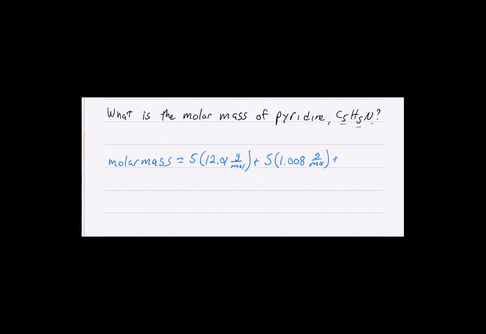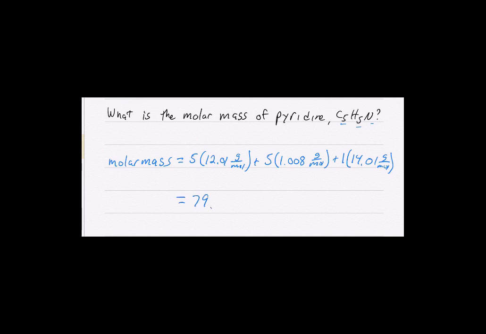And then we're going to add that to our nitrogen contribution. I'm going to go ahead and write a 1 there. You don't have to do that. I'm just doing it for illustrative purposes here. And that becomes 14.01 grams per mole.